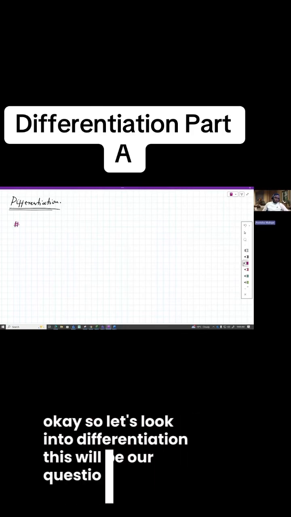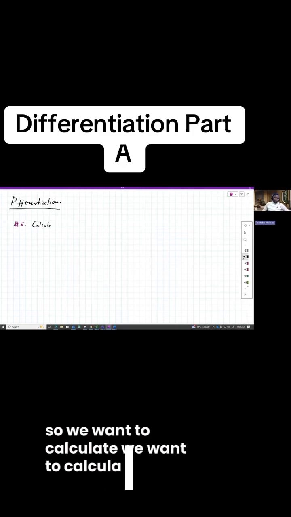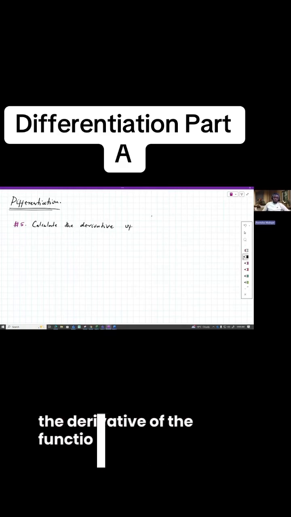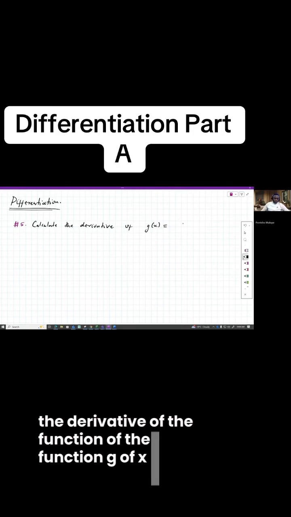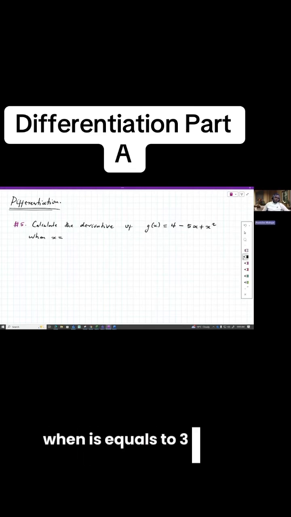This will be our question 5. So we want to calculate the derivative of the function g of x equals 4 minus 5x plus x squared when x equals 3.